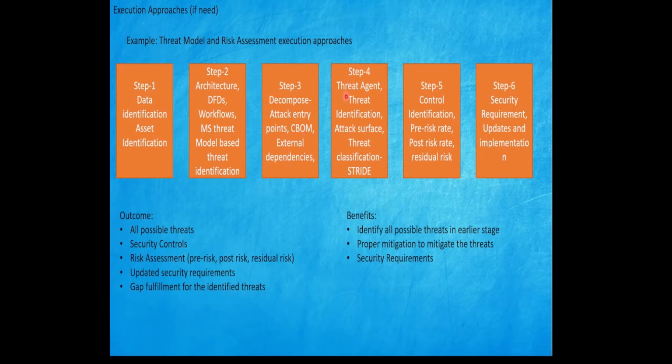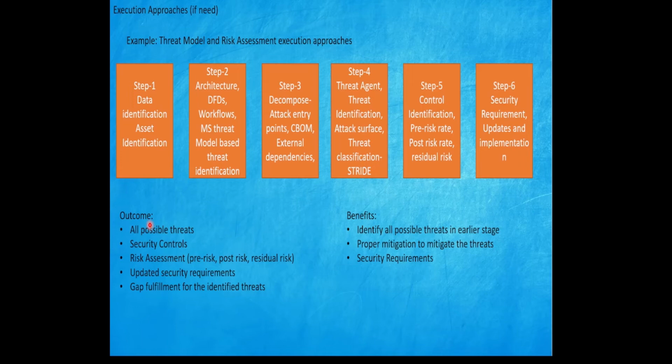Step 4, threat agent identification, attack surface, threat classification with the STRIDE mapping. Step 5, security controls identification, pre-risk rate, post-risk rate, residual risk. Step 6, security requirements updates and security implementation to mitigate the identified threats.